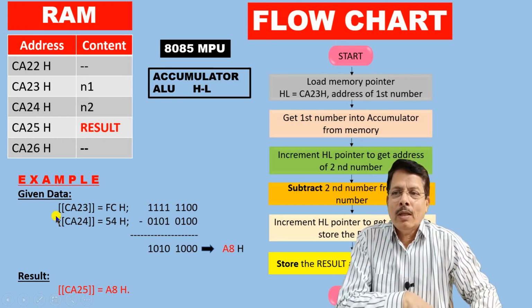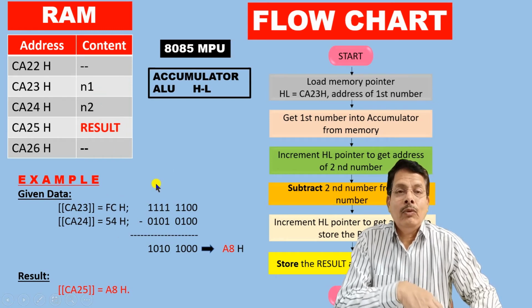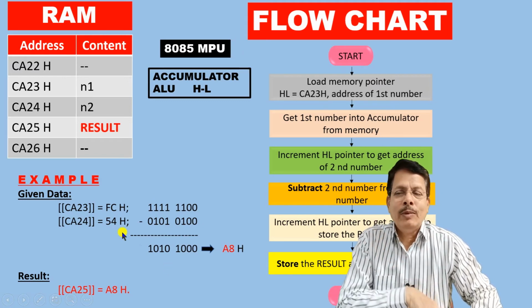Now provide N2 as 54, the content of CA24 as 54. So if this data is provided in these two locations and you execute this program, see what will happen after execution. This FC will go to the accumulator.